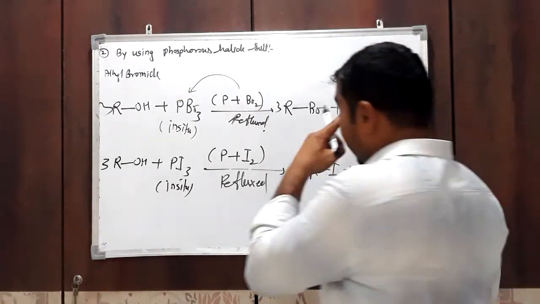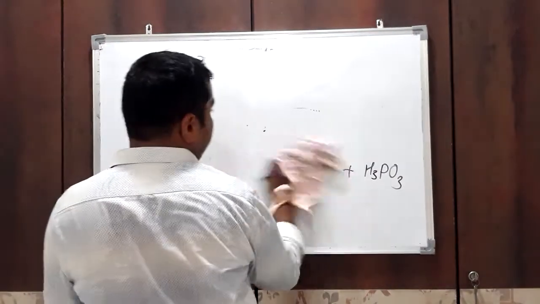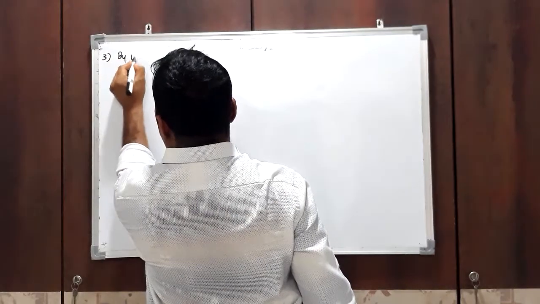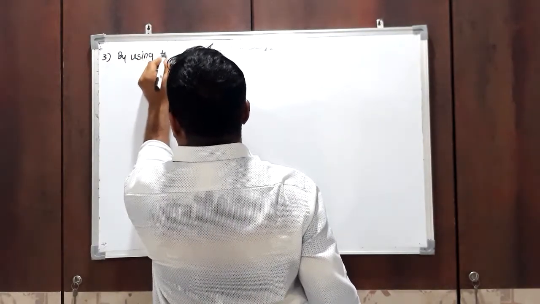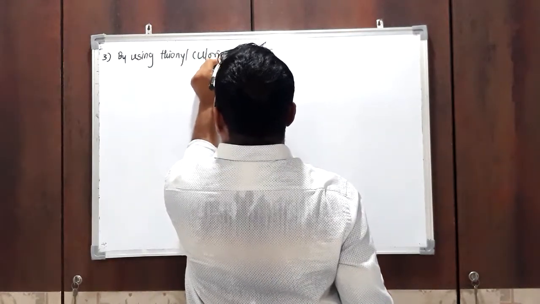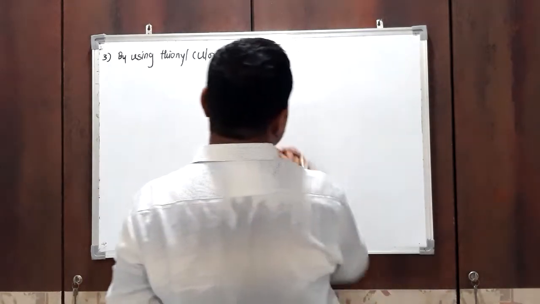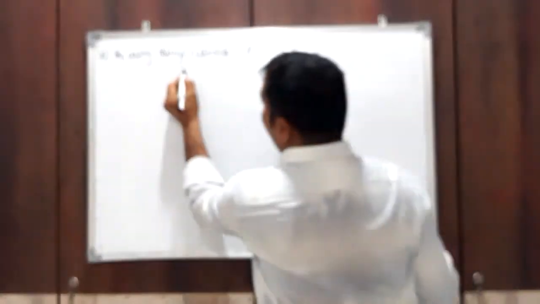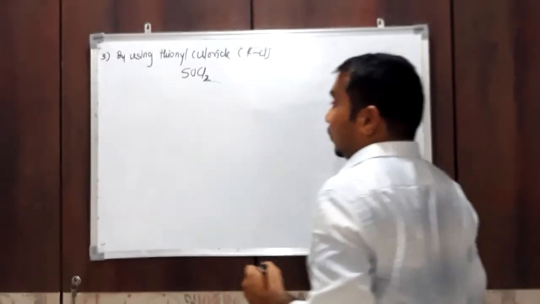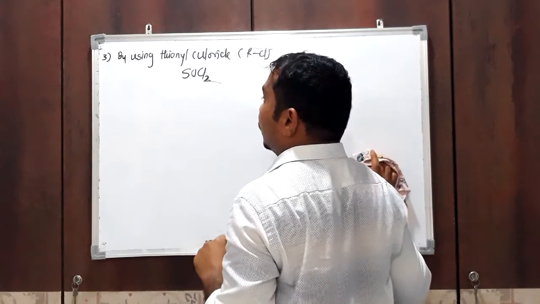Now the third method, using thionyl chloride. This method is only for preparation of alkyl chloride. Thionyl chloride means SOCl2.